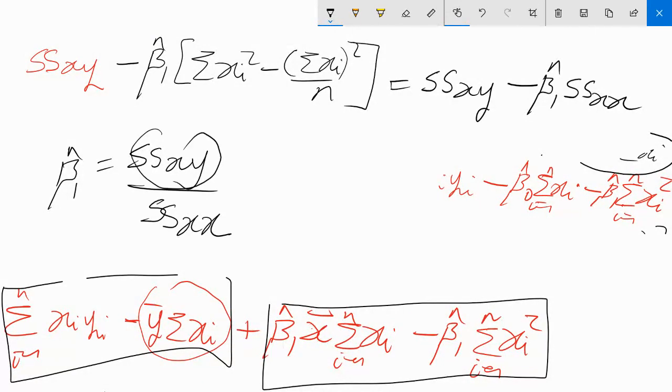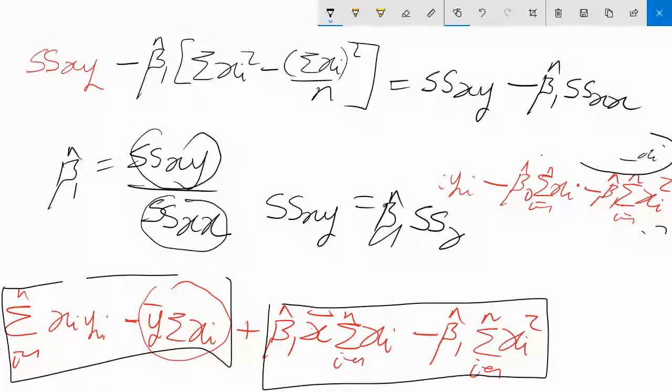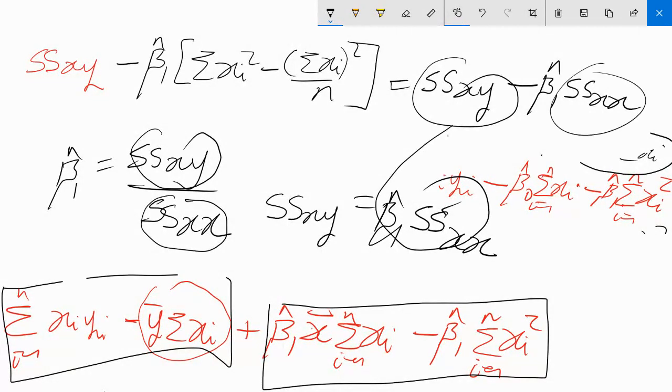So if we make this the subject of the formula, SSxy, it means we multiply both sides by this. We are going to have beta 1 hat multiplied by SSxx. So we are going to replace this guy by this, and they are the same. They will cancel out, and that will give us 0.